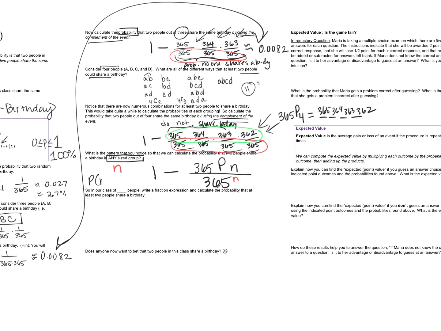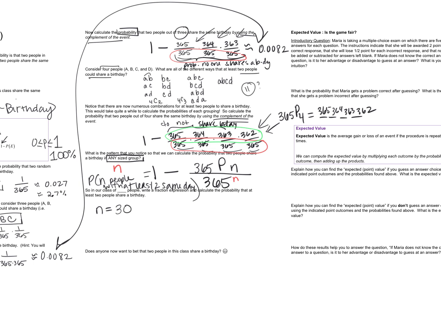So the probability of n people having at least 2 sharing a birthday is going to be that. In our class, we have about 30 people. I'm just going to go with that because 30 is a nice number. N equals 30.